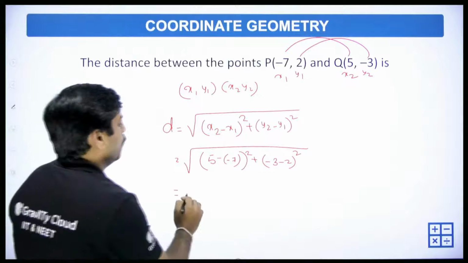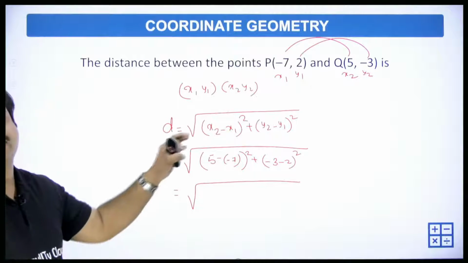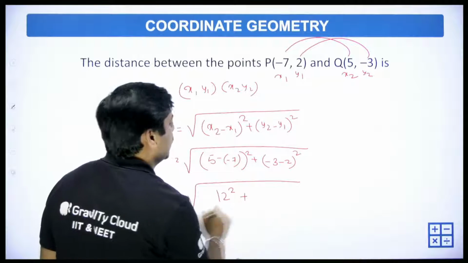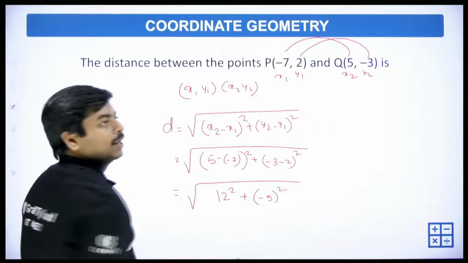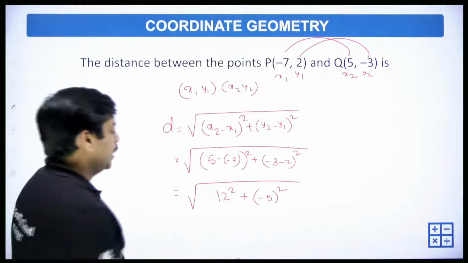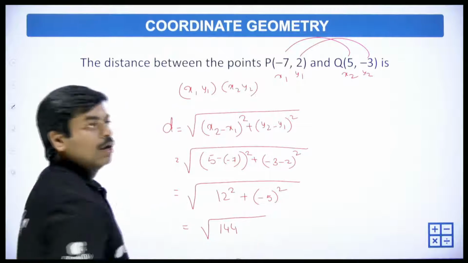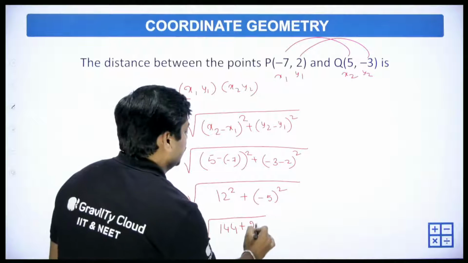Okay, so 5 minus of minus 7 is 5 plus 7, which is 12. 12 square plus minus 3 minus 2 is minus 5, minus 5 square. 12 square is 144, plus 5 square is 25.